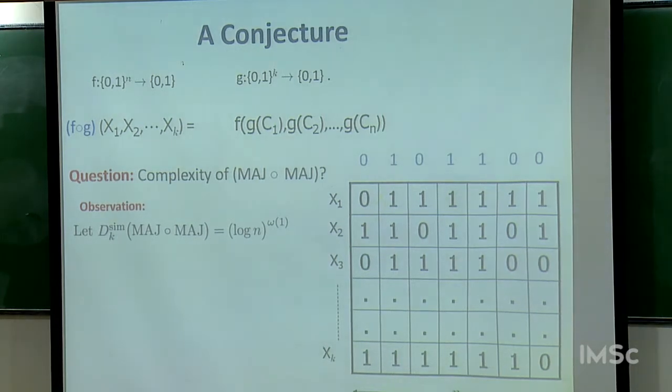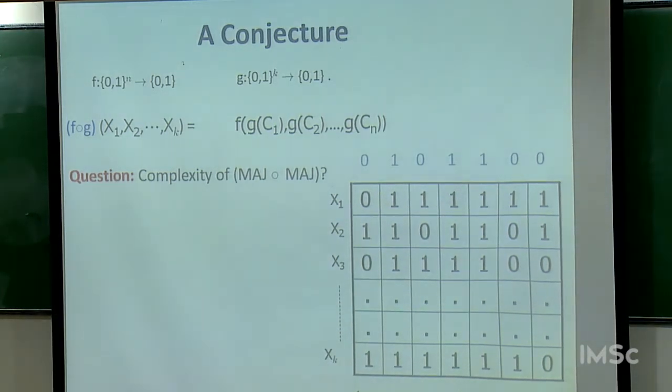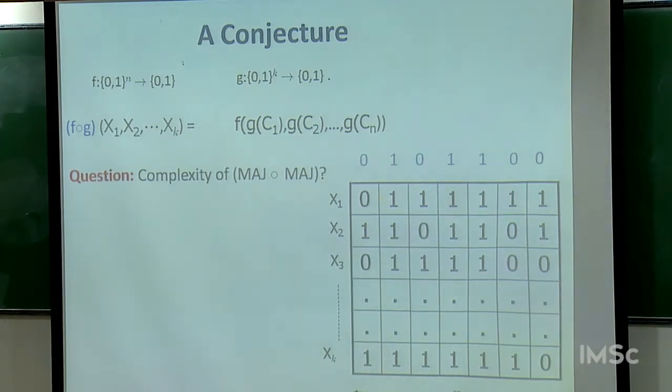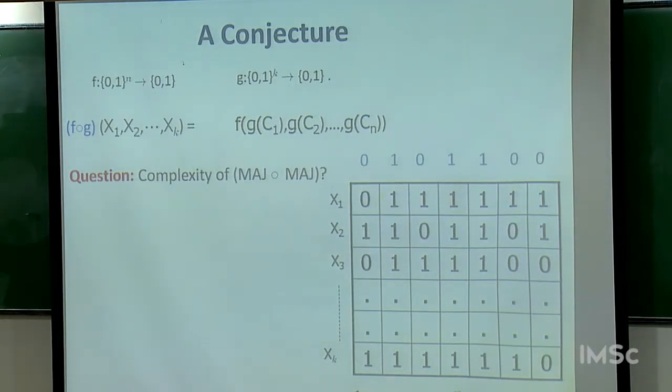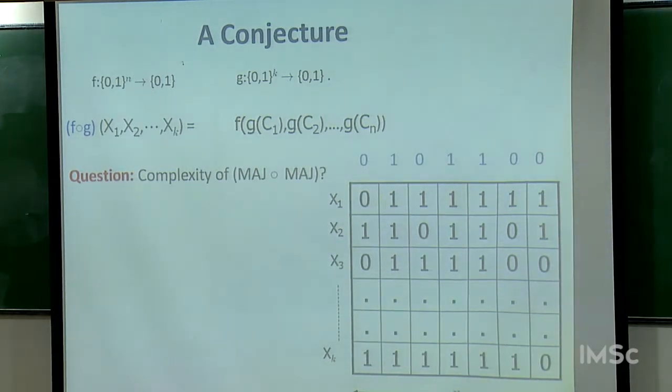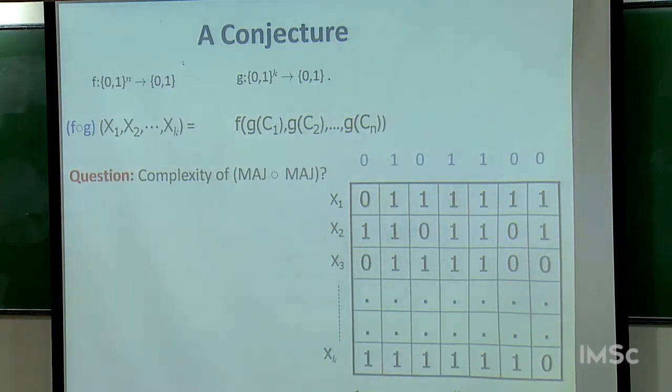And if you think about it, any such composed function, especially a function like majority of majority, it seems that the only way that the players can compute this is to compute each column separately, right? And if you do that, then obviously the communication complexity would be n times the complexity of computing one majority. And it's not hard to convince oneself that on average you will need obviously 1 bit of communication for computing one instance of majority.